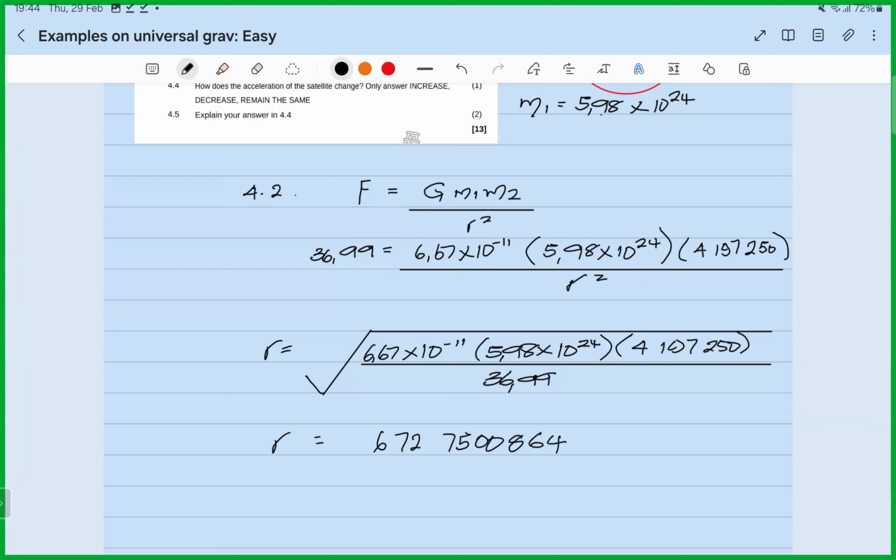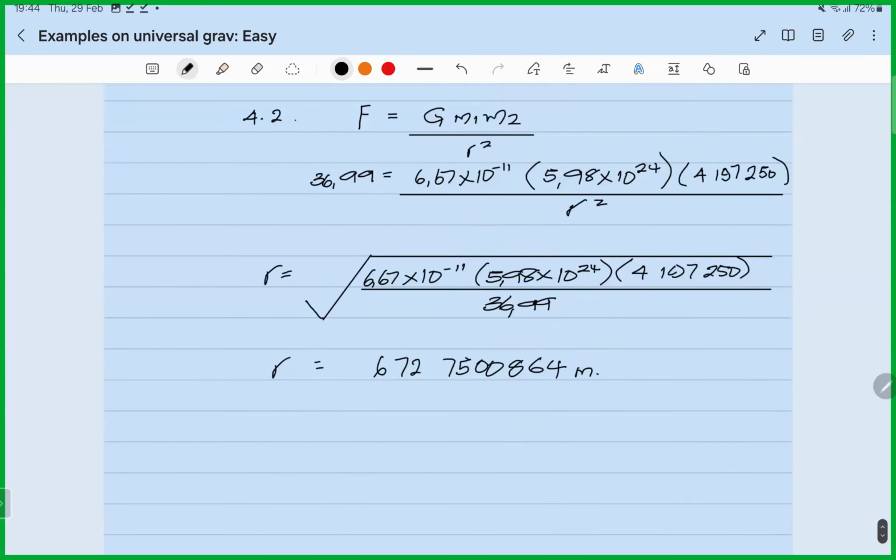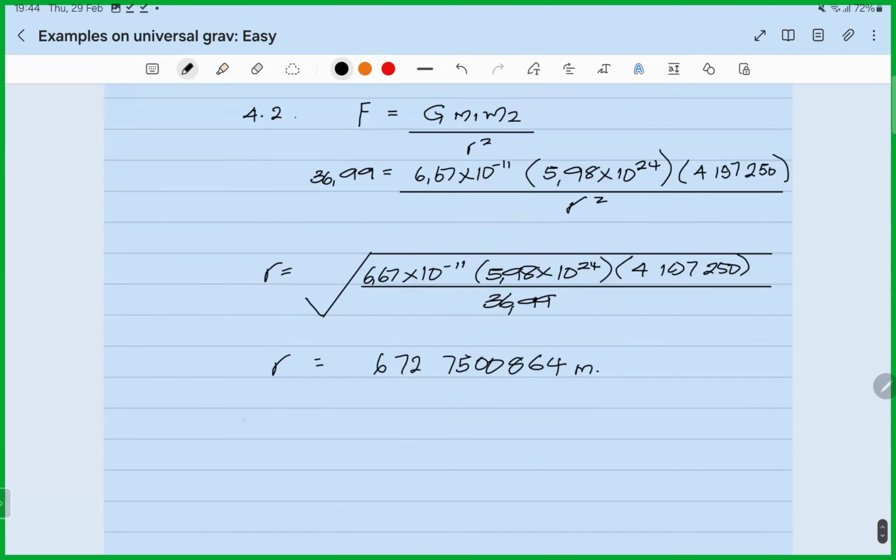Same thing, sir. Okay. All right. So let's convert that. So that's in meters, right? So how high is it going to be above the surface of the Earth?